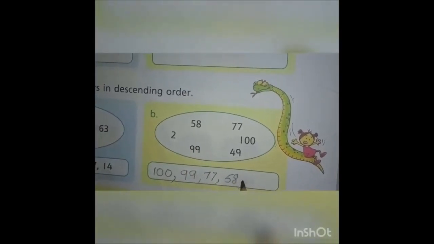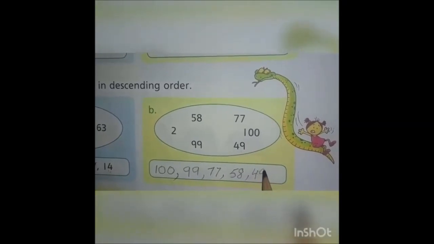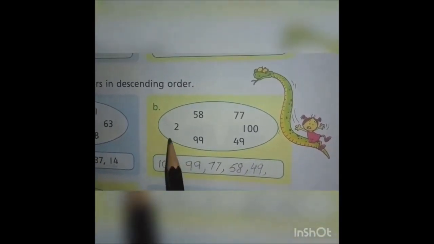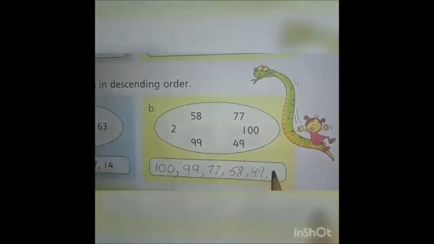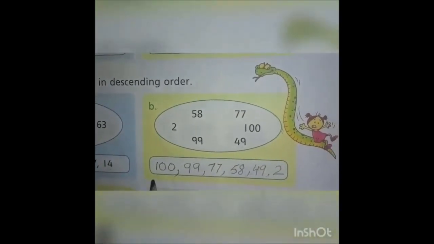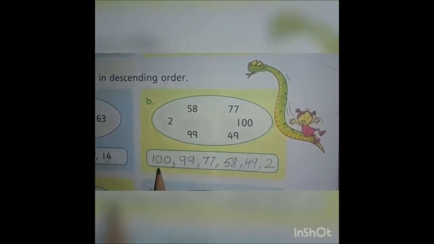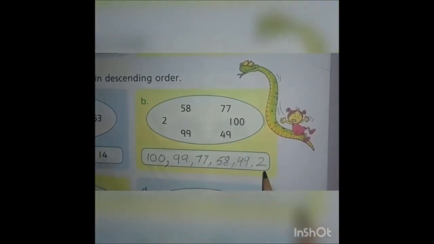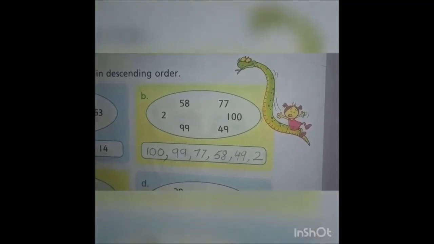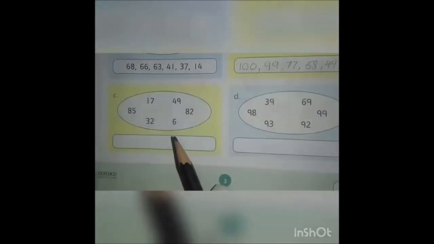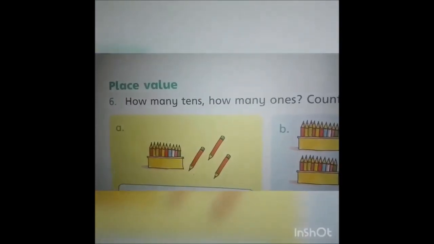Then 49 comes, and in the last, the smaller number will come. And the smaller number is 2. We start in descending order with 100 and end with the smaller number 2. You complete exercise 5, page 3 with the help of your children.